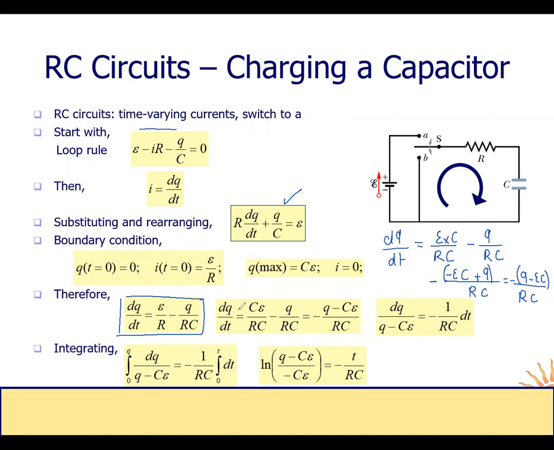Okay, look here, dq by dt equals to minus Q minus CE divided by RC.